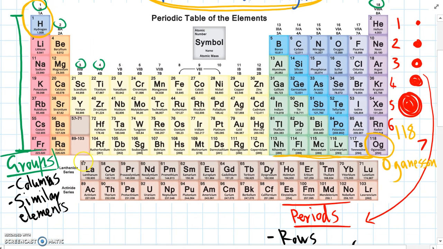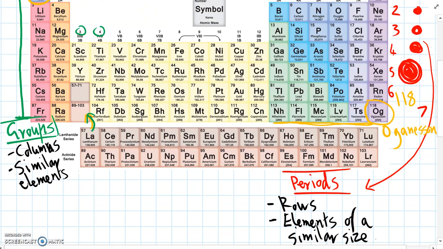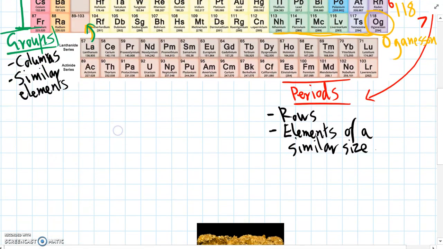You might be wondering why there's these two rows of elements at the bottom that don't seem to fit in, but actually they fit in this little gap here where there's the two boxes, because really the periodic table should stretch out even further, and these brown rows fit in between the yellow and the orange elements.